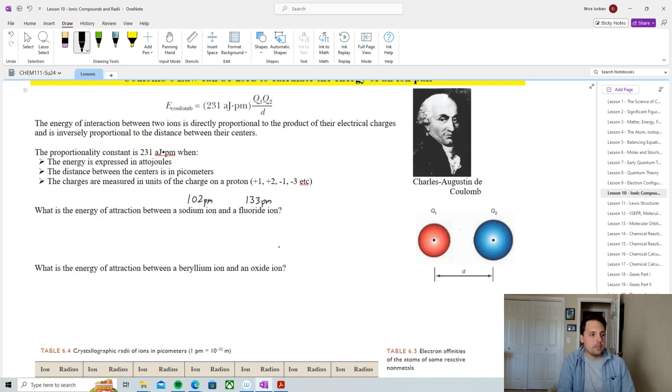Okay, so if this, for example, is sodium and this one is chloride, we're going to say that this here is 102, and then here to here is 133. So the total of those is going to be 235 picometers.